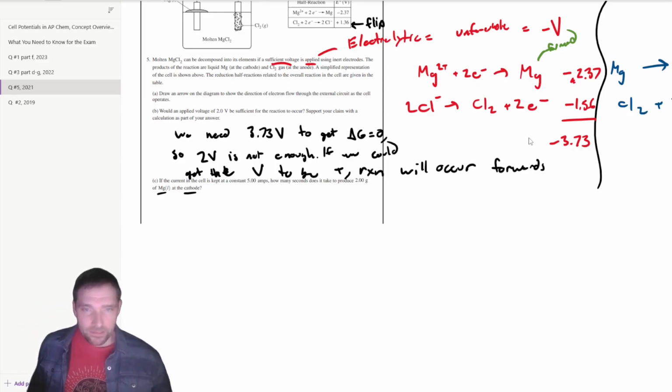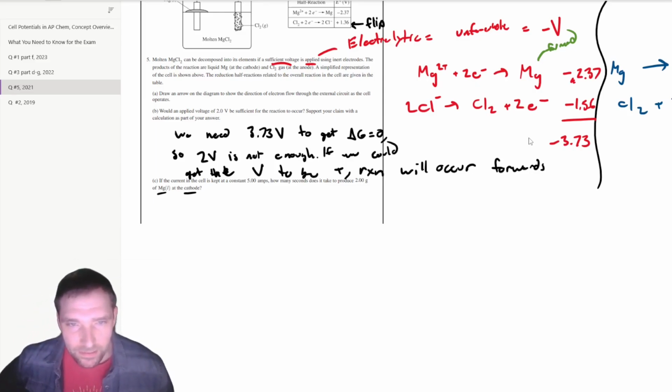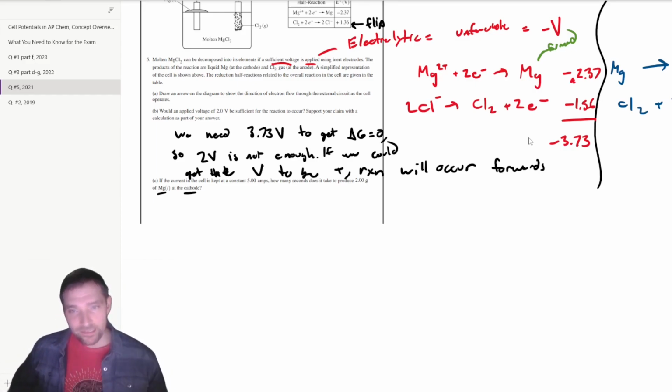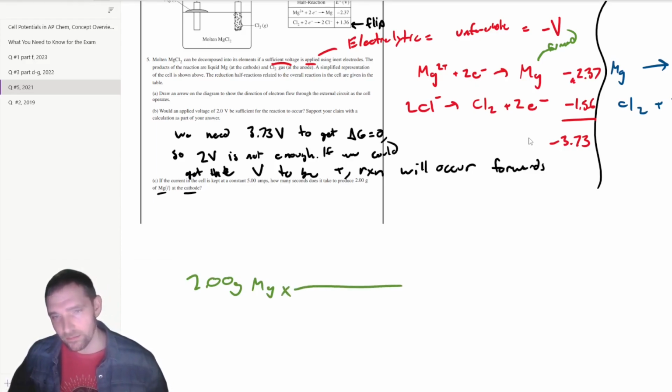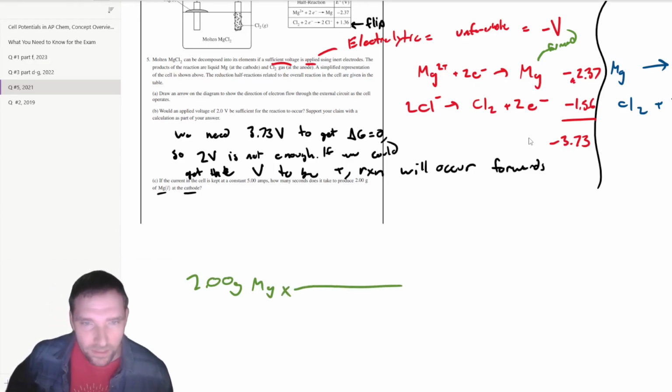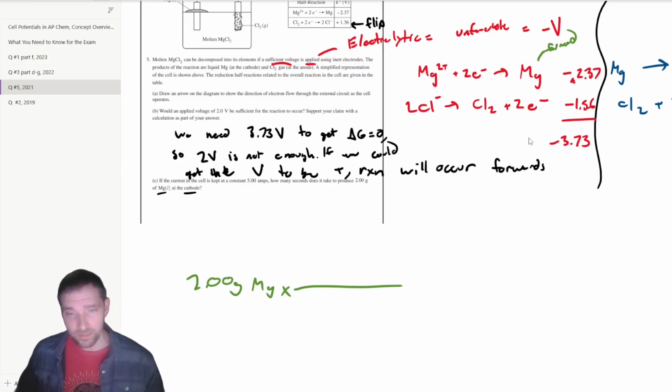So then we've got this idea where it's like, okay, we've got some sort of mass now of magnesium, and this is that Faraday's law. So we've got the 2.00 grams of magnesium, and we're going to then need to relate that to the time that would be in seconds.